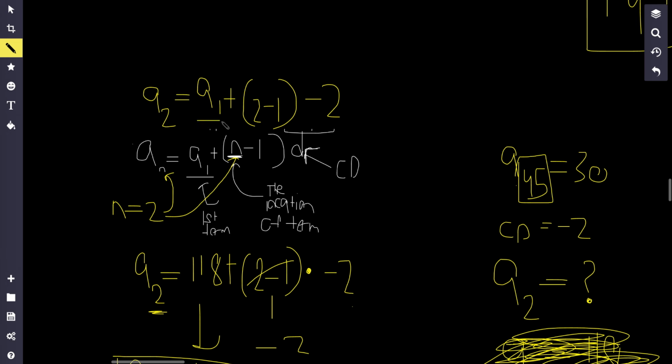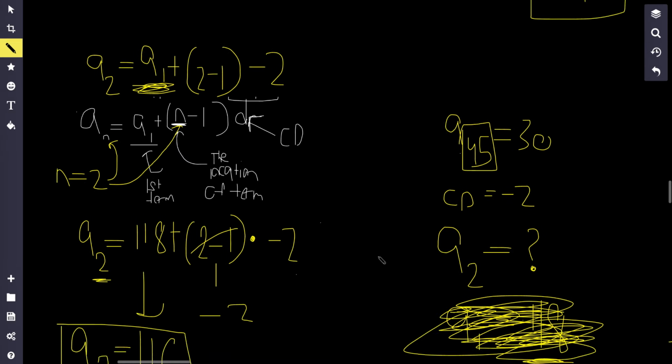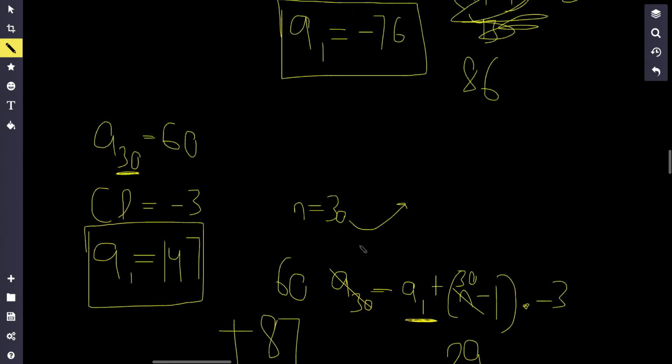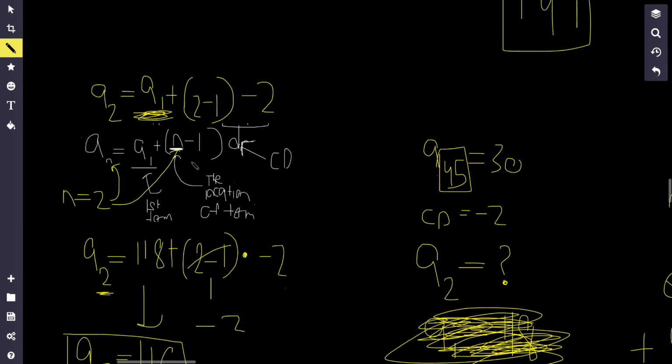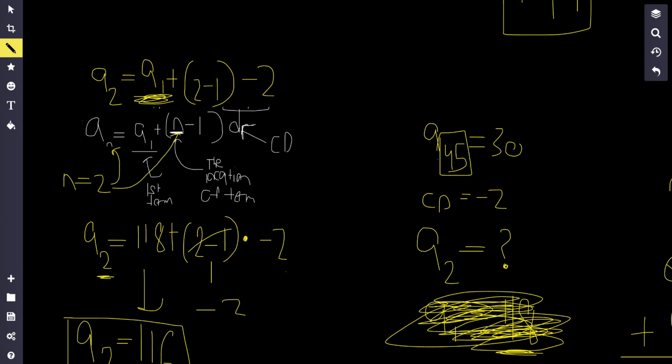So imagine if I did not know what my first term was. Then how am I supposed to solve this problem, right? So in order to find a sub 2, we need to know what a sub 1 is equal to. And from the previous problems, we learned how to solve for a sub 1. So this is very important. Solving for a sub 1 is very important because it allows us to get basically any term.